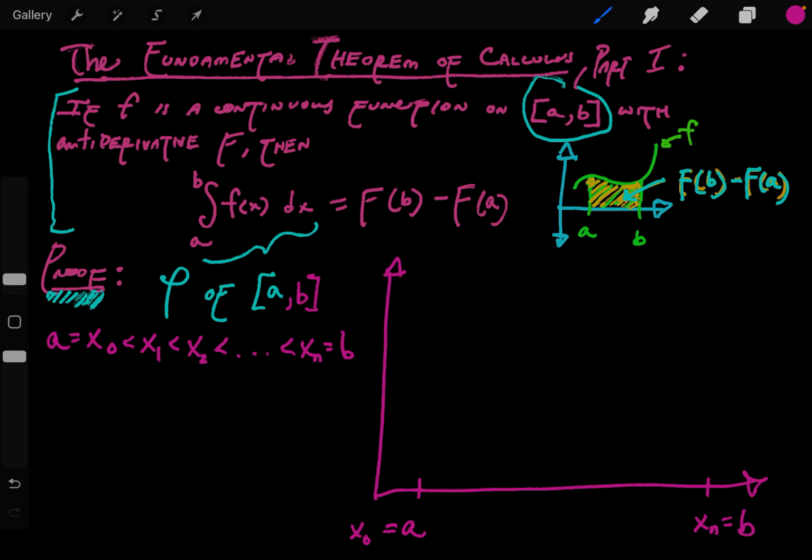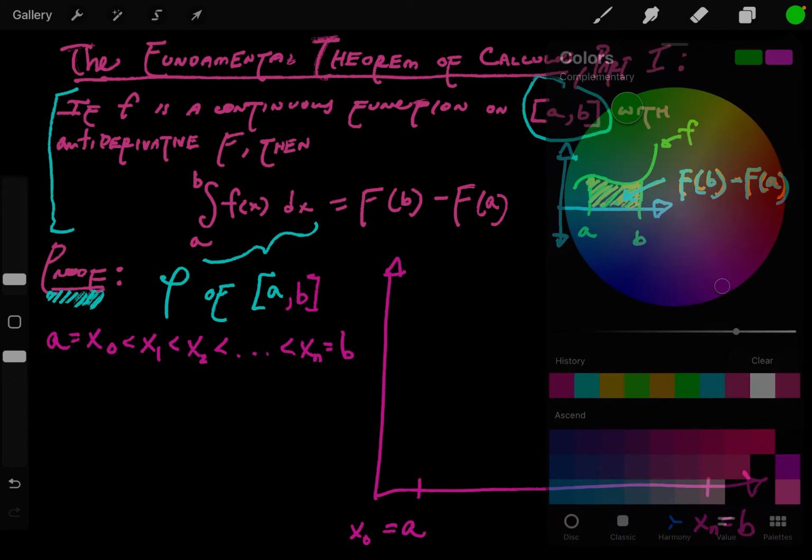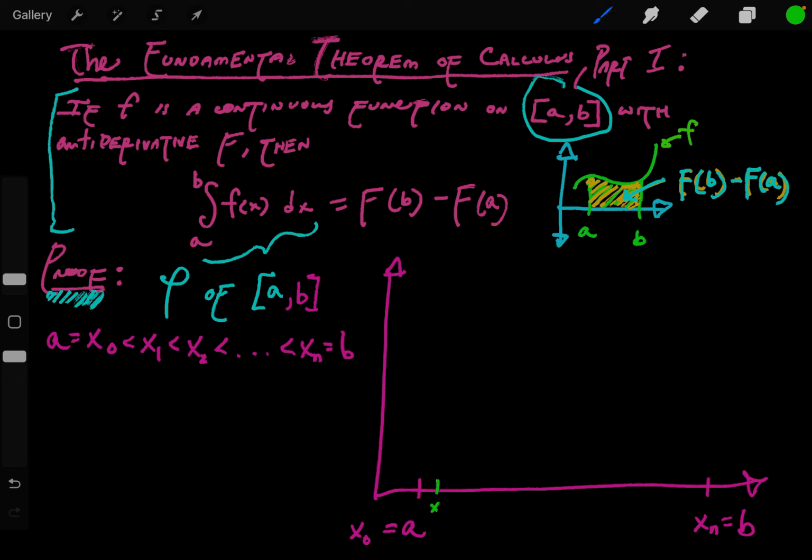Now, I'm going to illustrate this a little more clearly on the graph. You have a whole bunch of intervals here. From x1 to x2 is an interval. And you have another interval from x2 to x3.